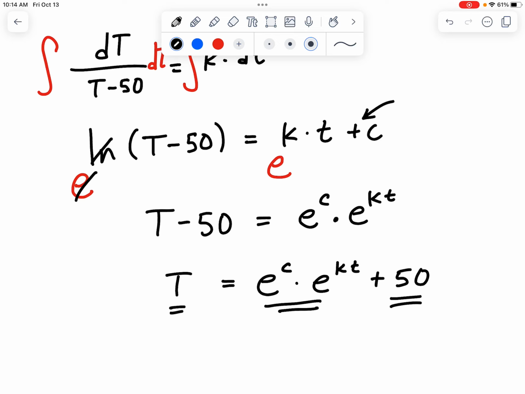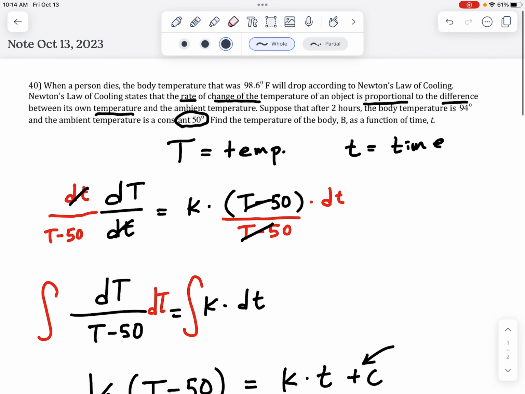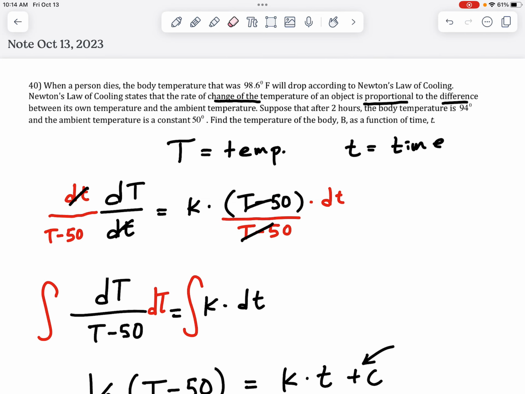Okay, then is there any other information given so that we can plug numbers in and perhaps find out what c is equal to? So go back to the problem and let me clean it up a little bit. And the information is after 2 hours, the temperature is 94 degrees. And I don't see any other new information.